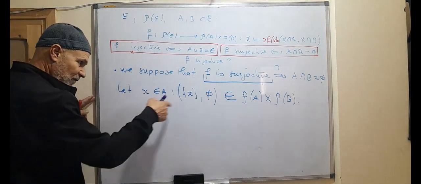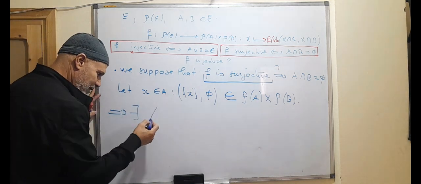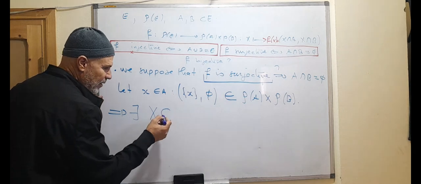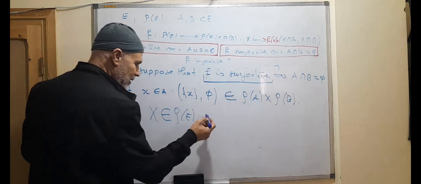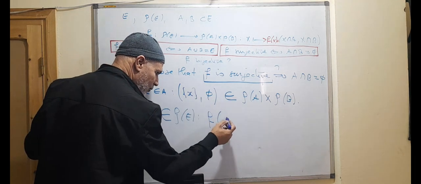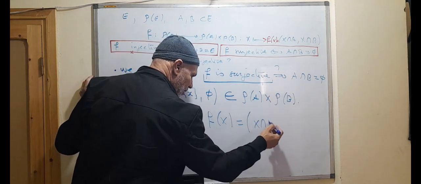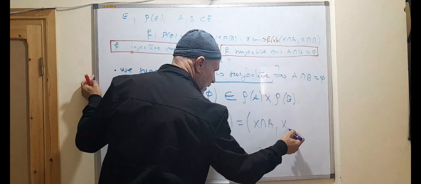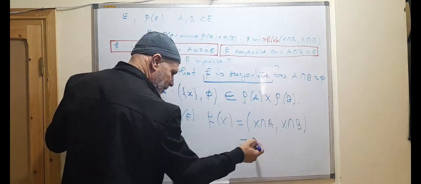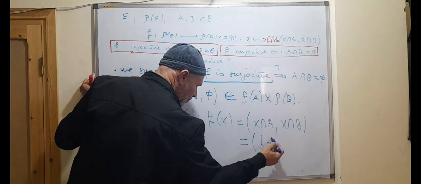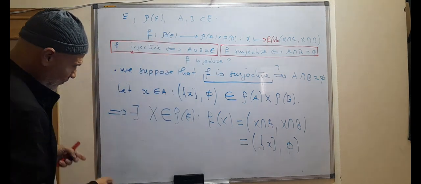For this, it implies that there will exist an X from P of E, such that F of X is equal to X intersection A and X intersection B. But this image is equal to x and phi, empty set.